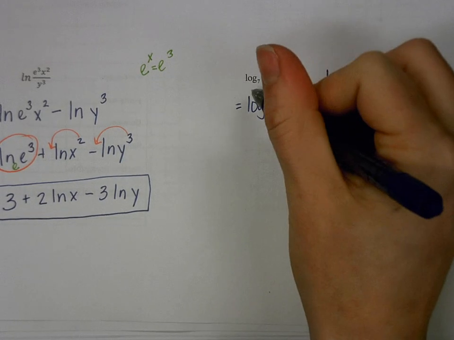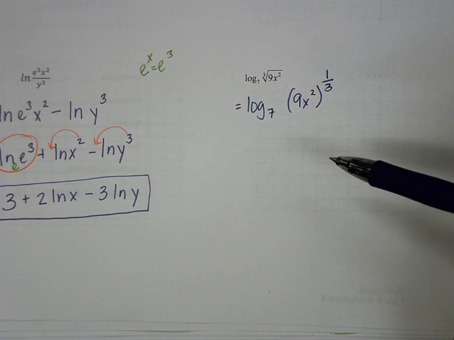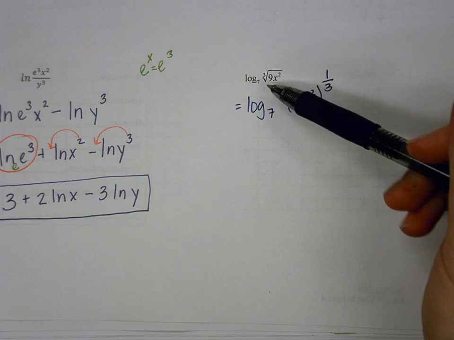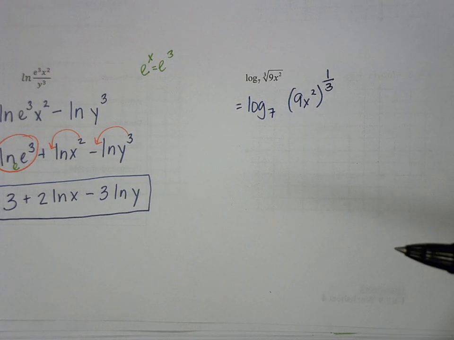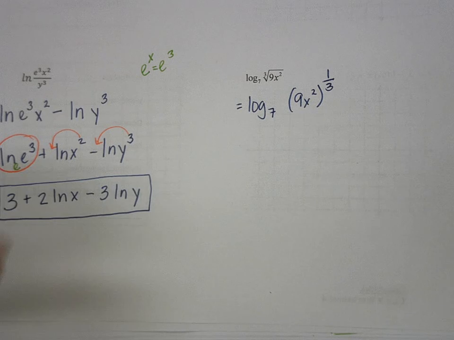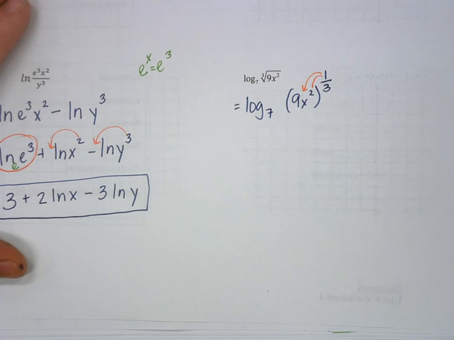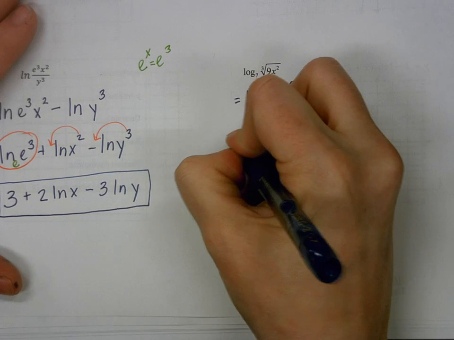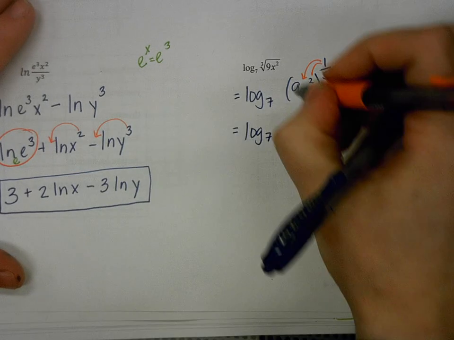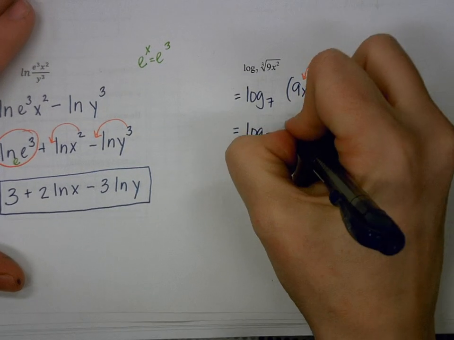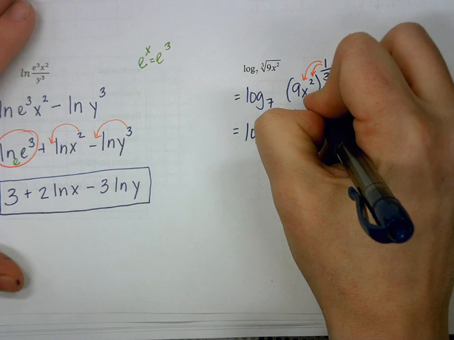A cube root is a 1/3 power, just like a square root is a 1/2 power. Or you can do these separately. You do 9 to the 1/3 and x to the 2/3. That's fine as well. What I'm going to do right here is use my power to a power rule to make sure I distribute that exponent to every other exponent. So this would be 9 to the 1/3, x to the 2/3.